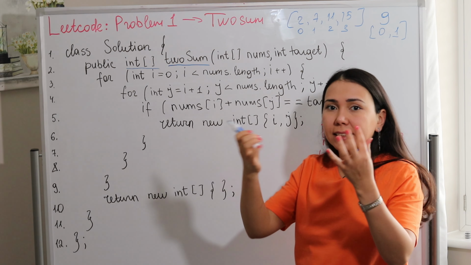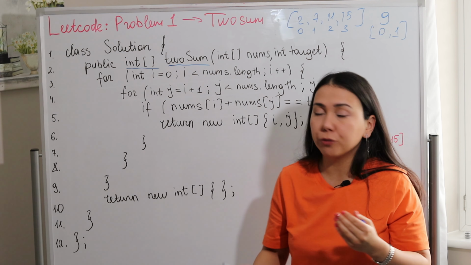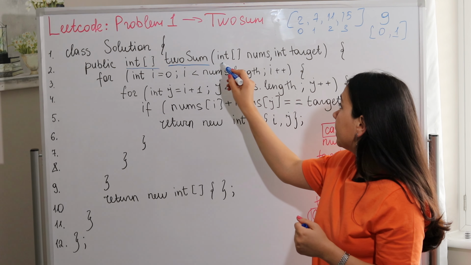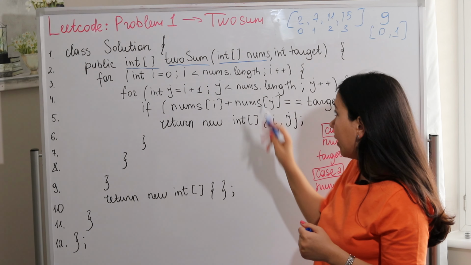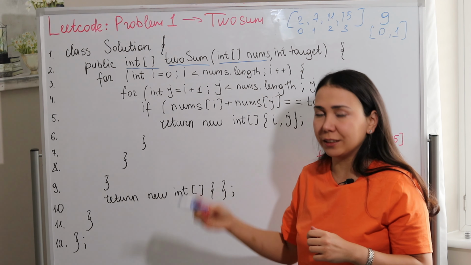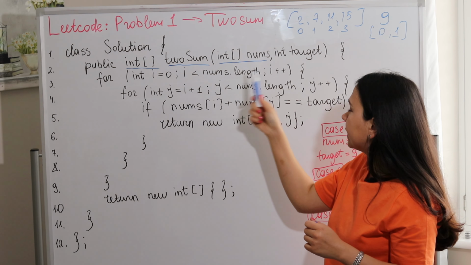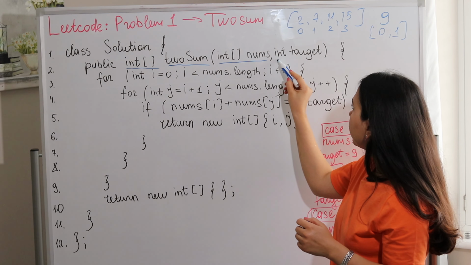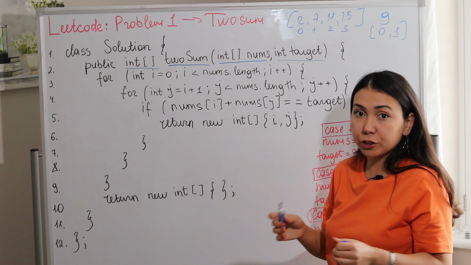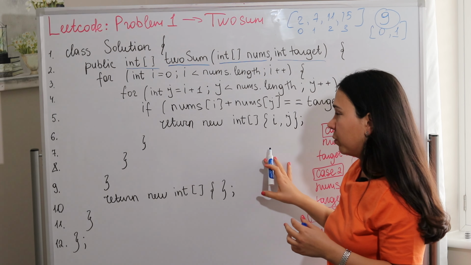And what does it accept in order to process and return you an array of integers? It accepts an array of numbers, right? Integer numbers, don't forget that, not decimals, we only work with integers. That's how we define it: int, square brackets, nums, and we accept an integer target, which is the second number provided to us through the problem.